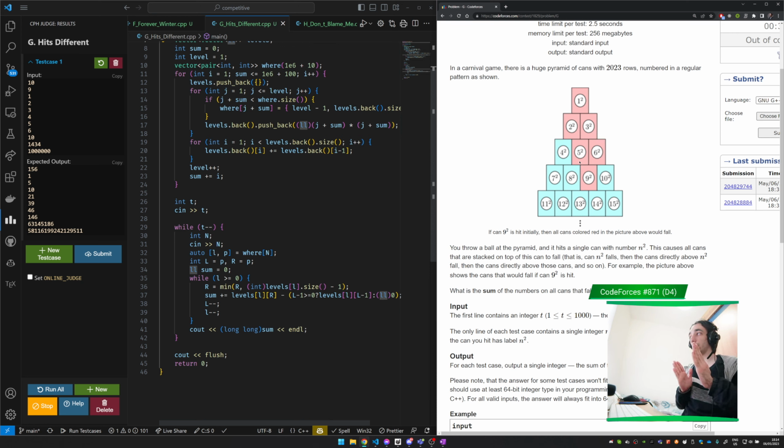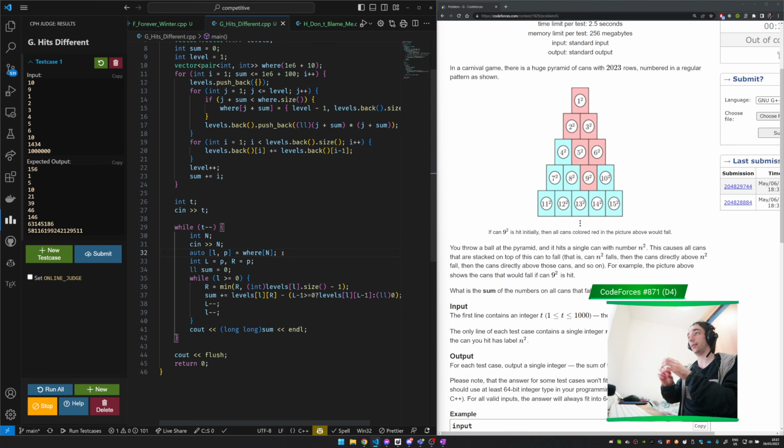The left pointer will go a little bit to the left, so L minus minus, but the right pointer will stay until it hits a wall, where it has to be minimized to the level size, and that's what I do.